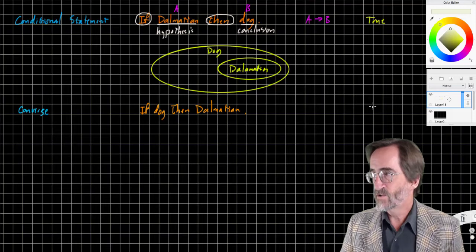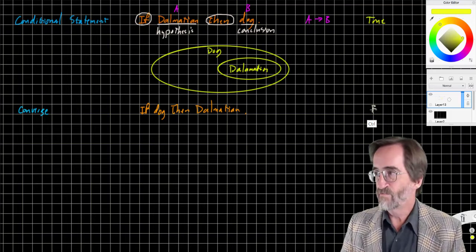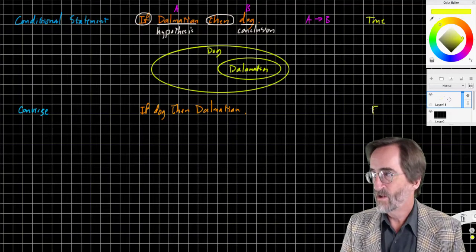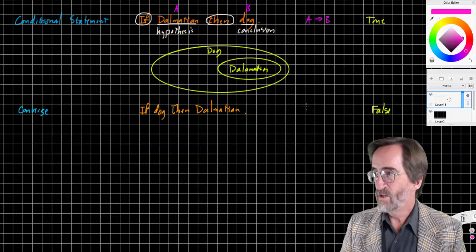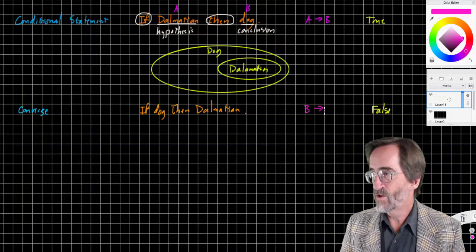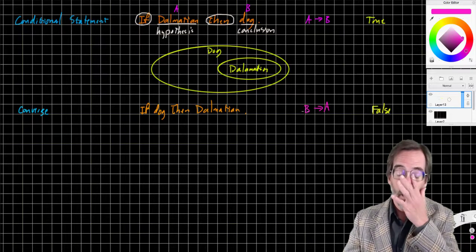That is false. And the symbolism for that is B implies A. Notice how the order has switched. A implies B became B implies A.